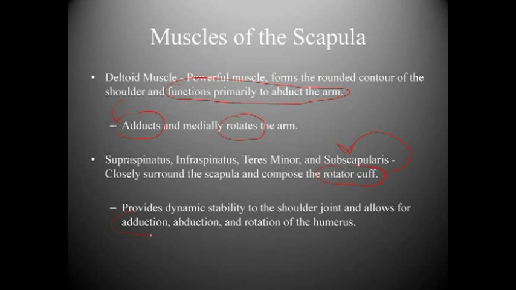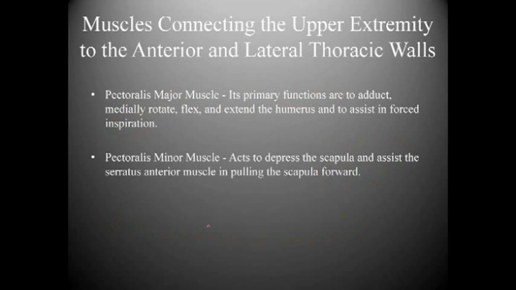And so it's very important for the humerus to be able to do all of these things. And that is why when you see patients who have problems with the rotator cuff, typically they're not able to do any of these motions. Usually abduction is the hardest, and many times they don't even have the capability of raising the arm very high at all, simply because of the loss of the stability from the scapula.